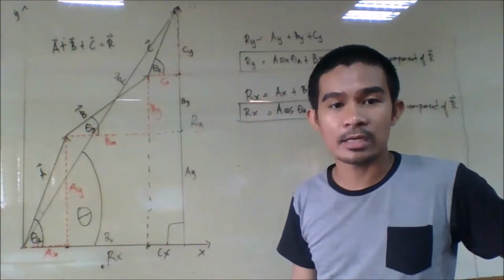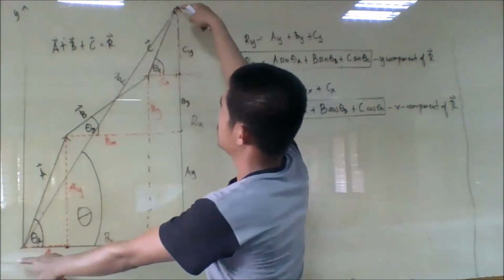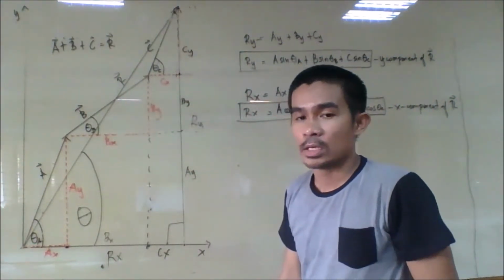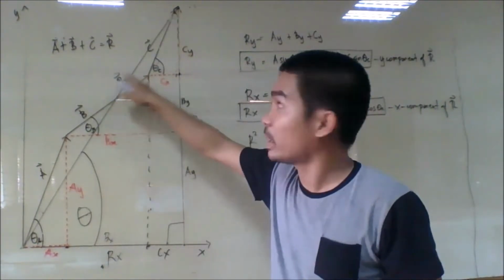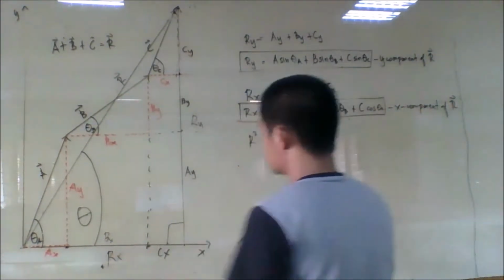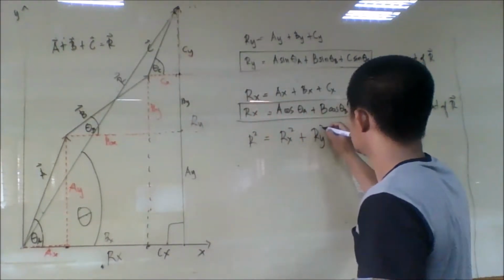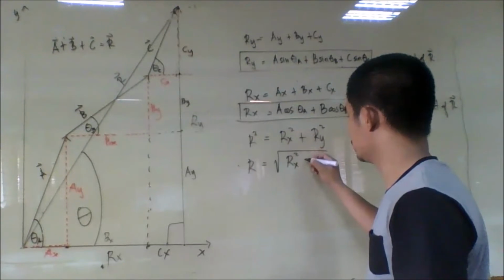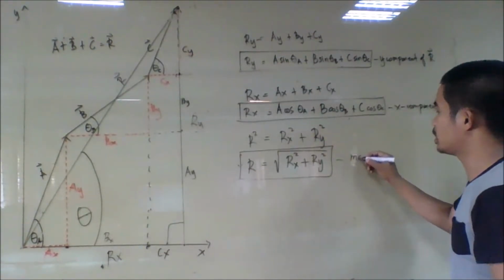So we form a right triangle out of R of y, R of x, and R. The length of this line represents the magnitude of vector R. By the Pythagorean theorem of the right triangle, the square of the hypotenuse, the magnitude of vector R, is equivalent to the square of the x component, or the base of the right triangle, that is R of x, plus the square of the y component, or the magnitude R is the square root of R of x squared plus R of y squared. So this is the magnitude of vector R.